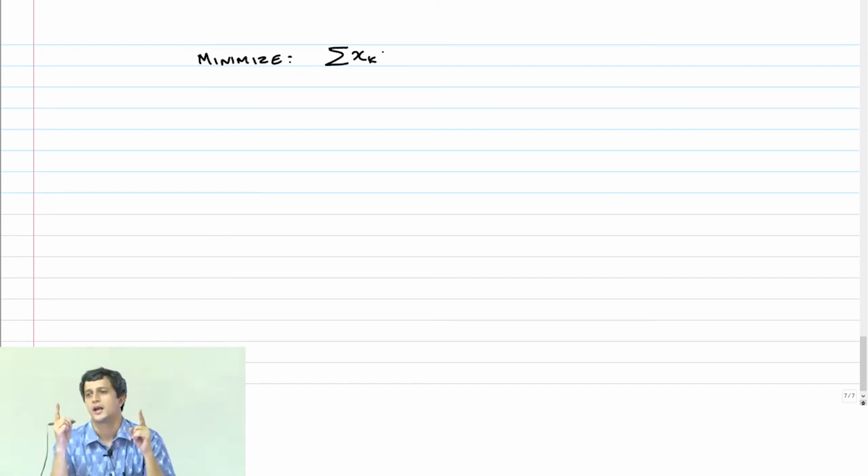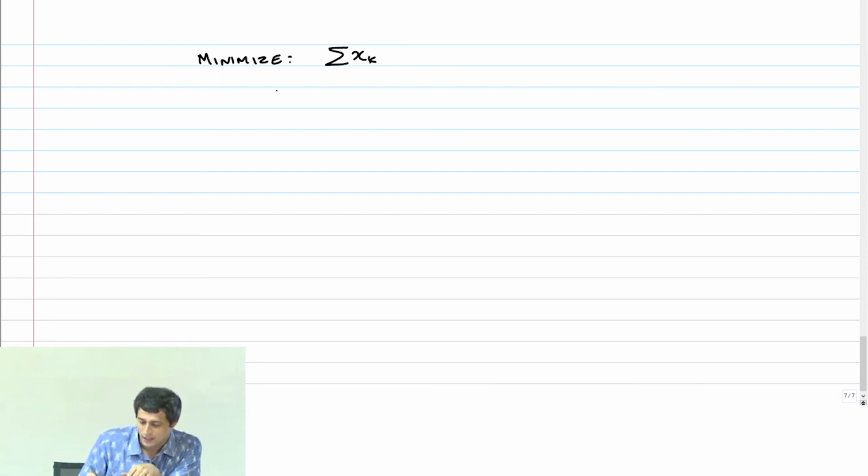What is summation xk? If I minimize summation xk, what am I minimizing? Area or power. Equivalently, it's power, right? Though they are not exactly the same, you will minimize both in the process, such that max of A4 comma A7 is less than or equal to T spec.